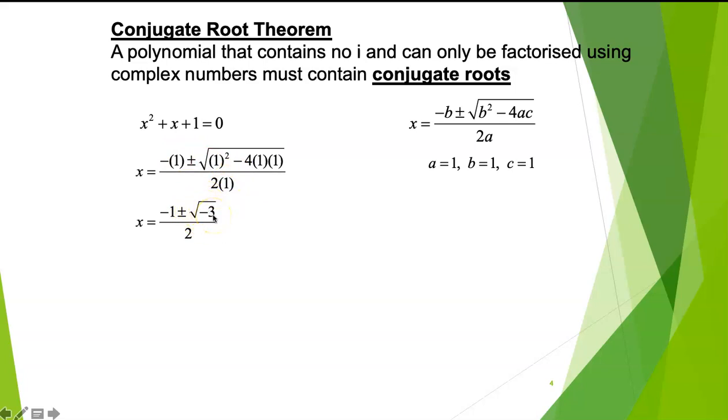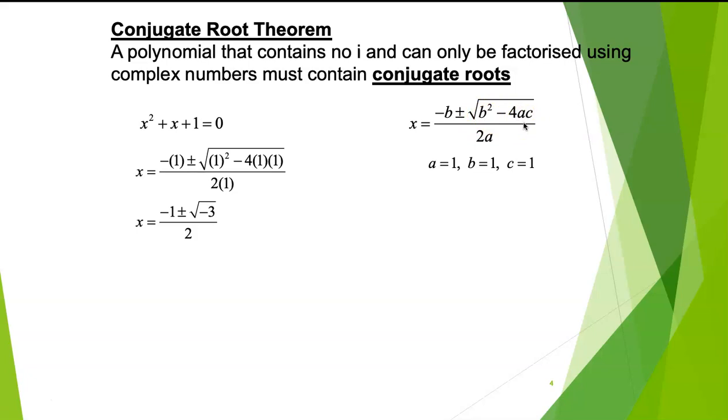In year 12, remember, we used to check if there is no solution for the polynomial by looking at b squared minus 4ac. If b squared minus 4ac equals 0, it has one repeated root.